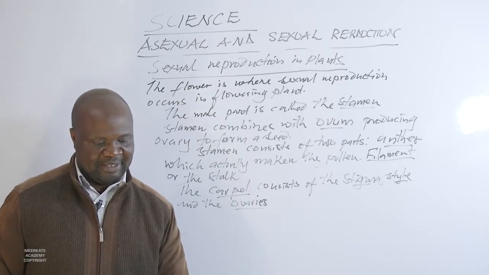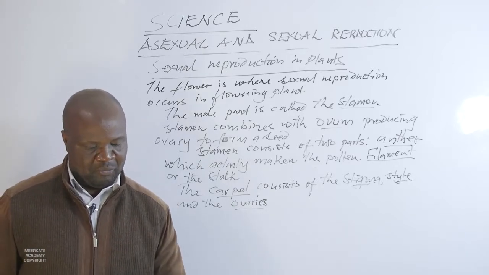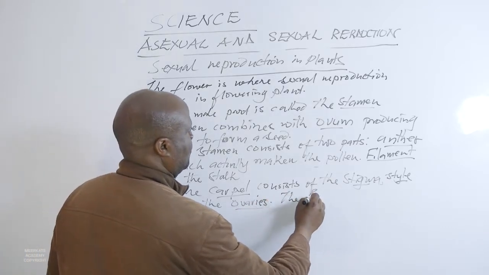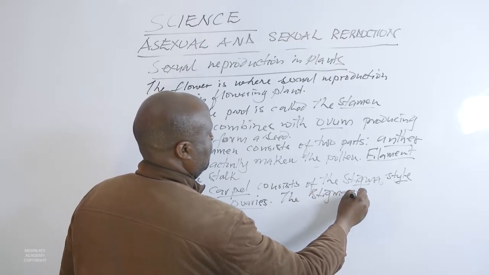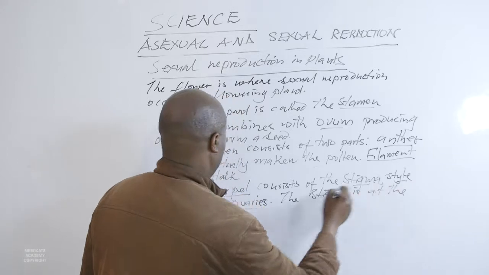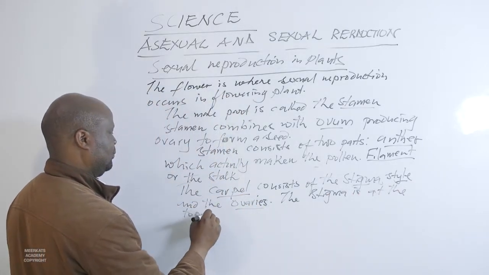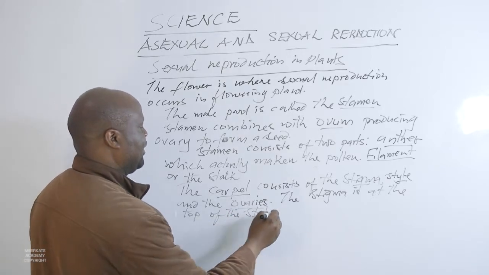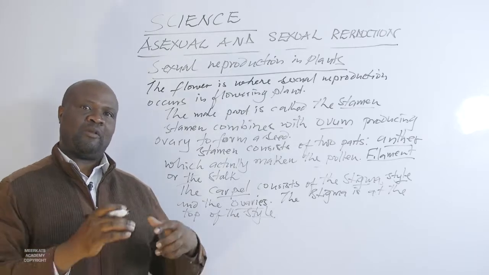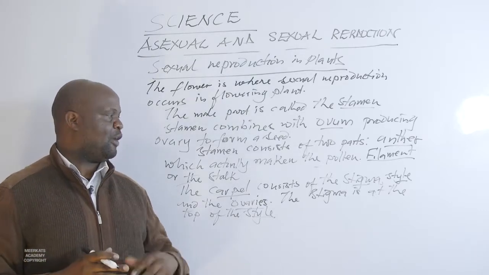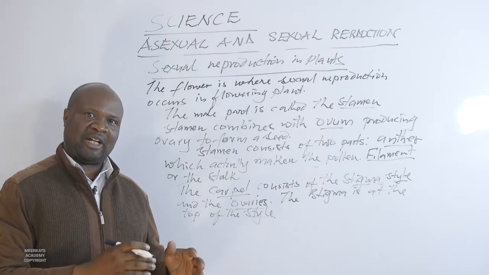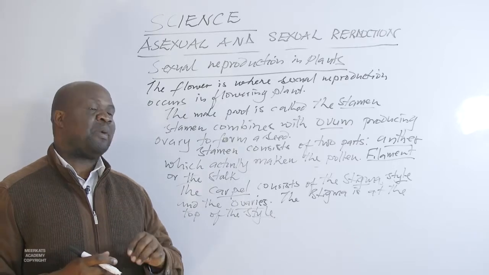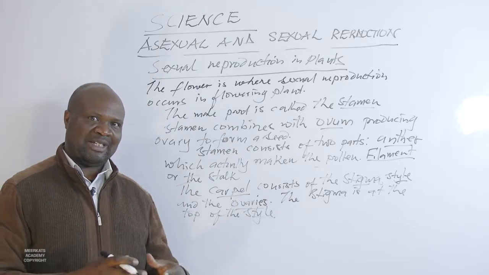And the stigma is at the top of the style. We have tried to name some parts of the carpel and what makes up the stamen, but maybe we might not be in a position to understand this.